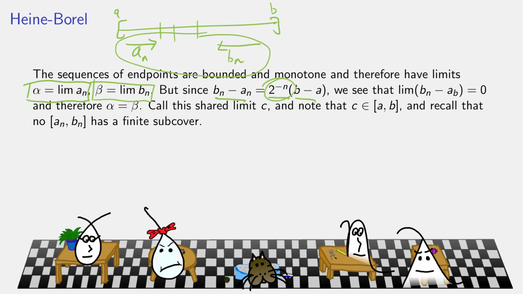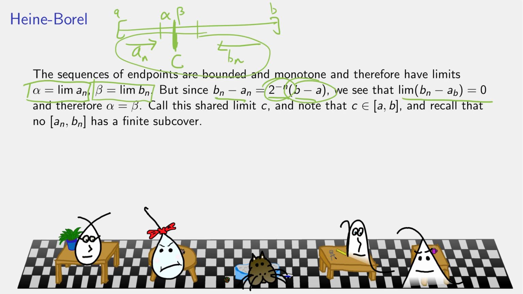This length here goes to 0. This is a fixed constant, which means the limit of the length of the individual intervals must be 0. So if the left ends are increasing towards alpha and the right ends are decreasing towards beta and the distance between them is going to 0, well then, alpha must equal beta. So whatever this shared limit is, I'm going to call it C.